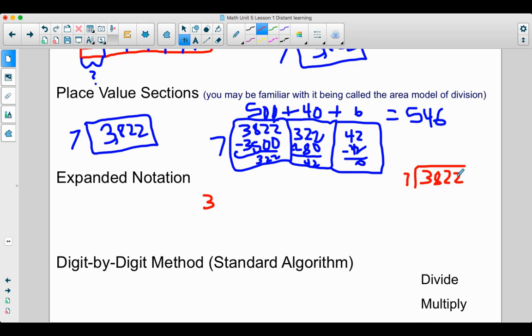3,000, I can't take, if I had 3 $1,000 bills, I couldn't put them into groups of 7. So I'm going to go all the way to the hundreds and make them 3,800. 500 multiplied by 7 is 3,500.